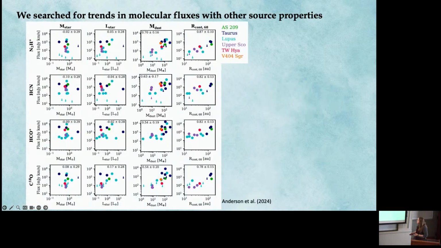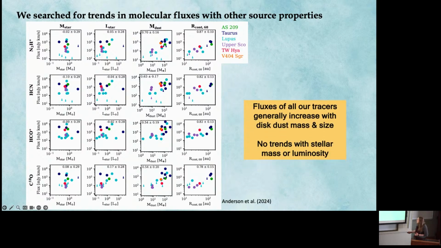So when we compiled all of these fluxes together, we wanted to see if there were any trends in these fluxes with other star or disk parameters. And what we found was that we didn't see any trend for any of our molecular fluxes with the stellar mass or the stellar luminosity.